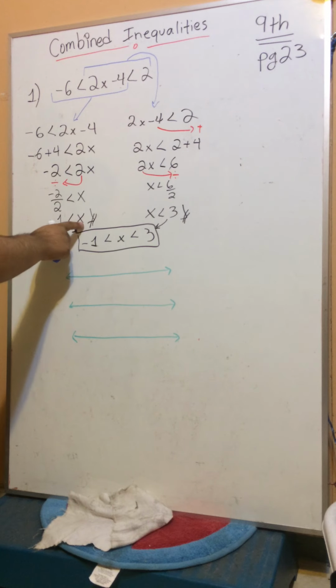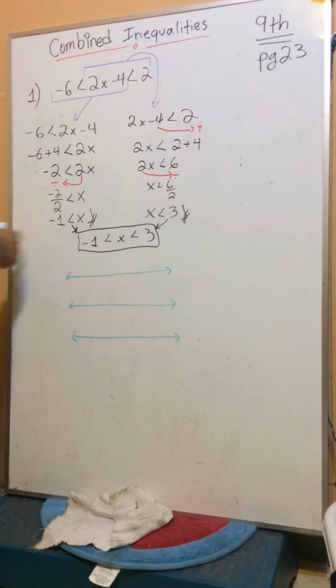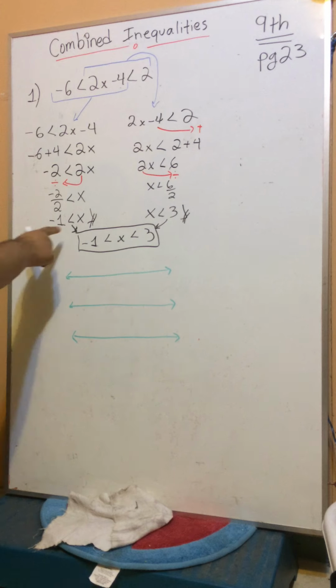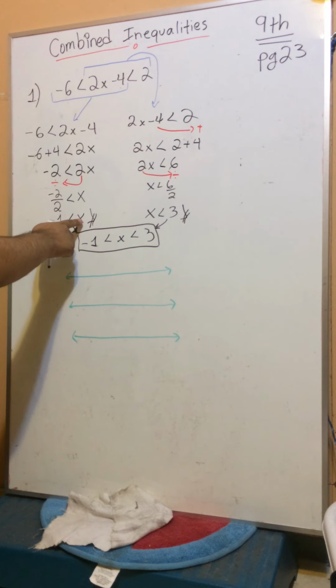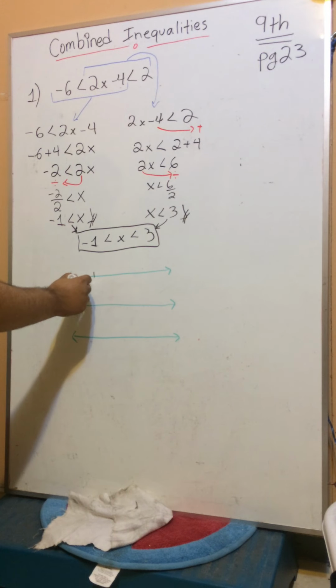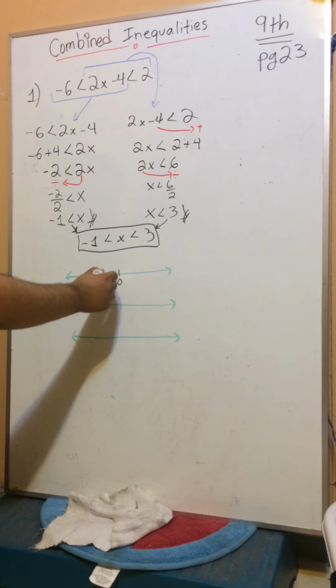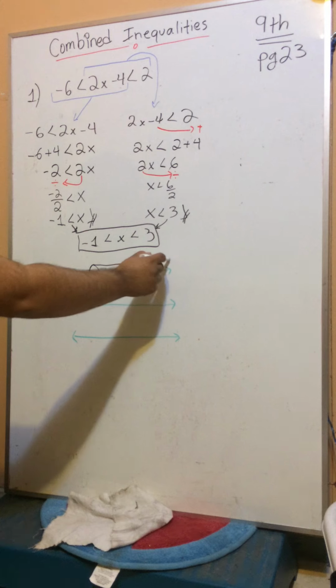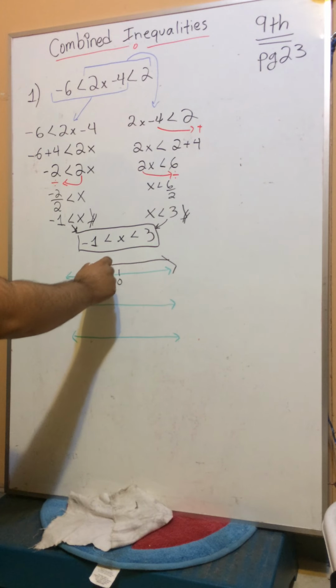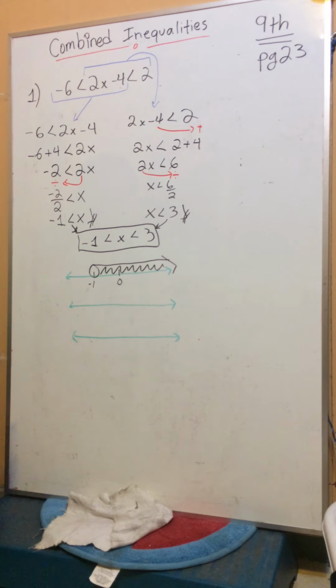On the first one, values of x that are greater than minus 1, and it's not included, because remember that it's only less than. So on the first number line, any value of x is greater than minus 1. So we put minus 1, we put 0, and since it's not included, this is open. We're looking for all of the values that are greater. So this is the number line for this one.